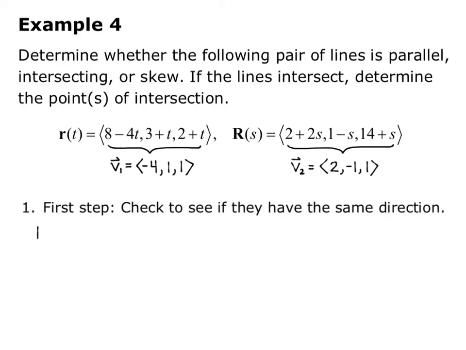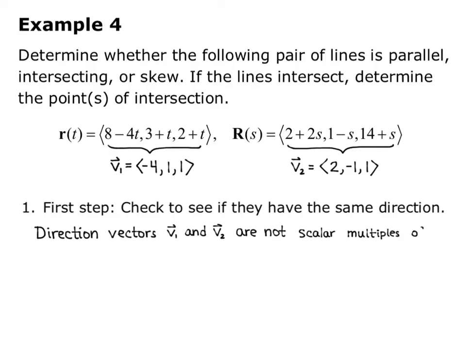So the direction vectors v1 and v2 are not scalar multiples of each other, and so the lines are not parallel. So it's an easy check to see if they're parallel. You just find the direction vectors and see if there's something you can multiply one of them by to get the other one.